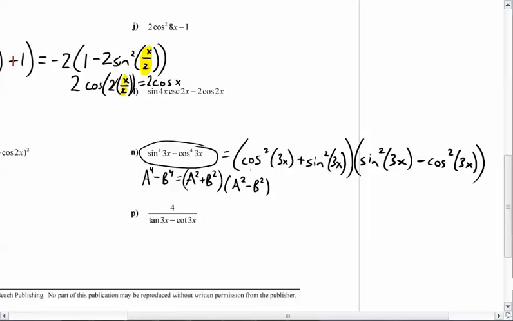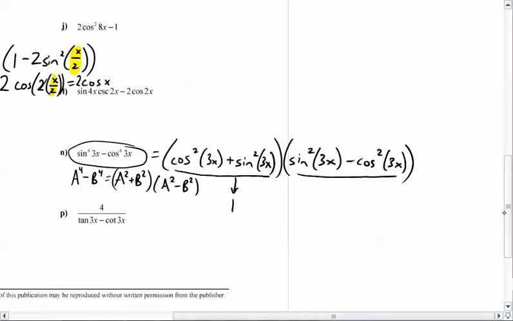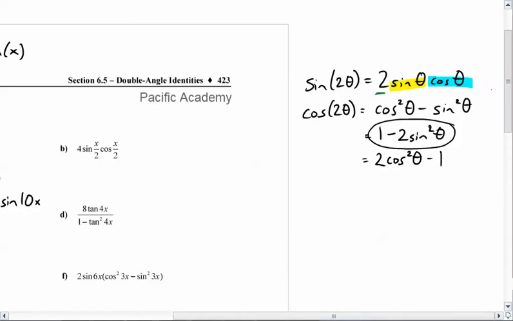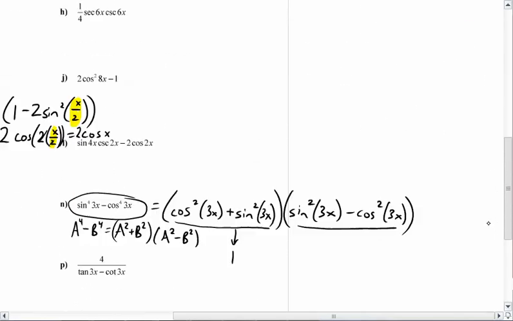Now sine squared anything plus cos squared anything is 1. And sine squared minus cos squared matches one of the formulas that I learned today. Sine squared minus cos squared is almost cosine 2 theta. It's just the negative sign is in the wrong place.